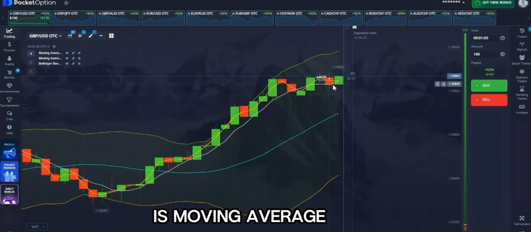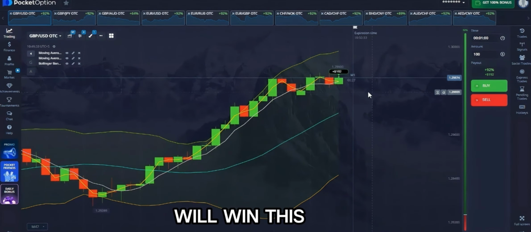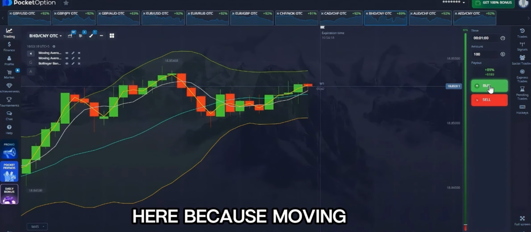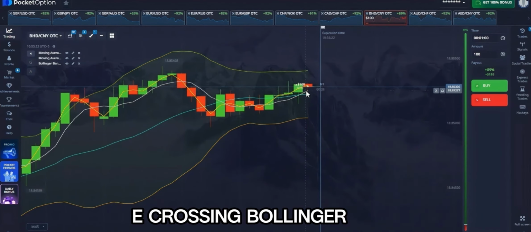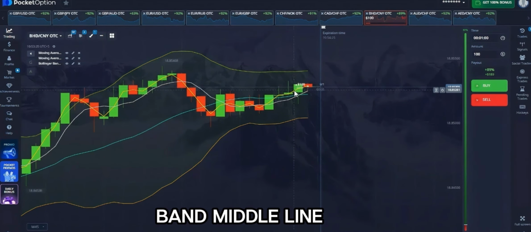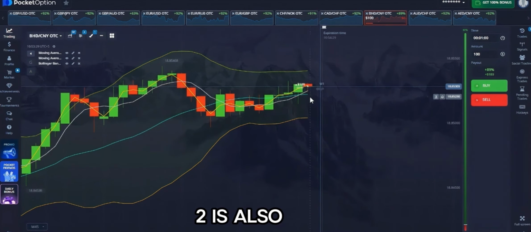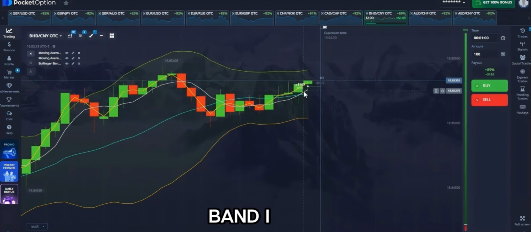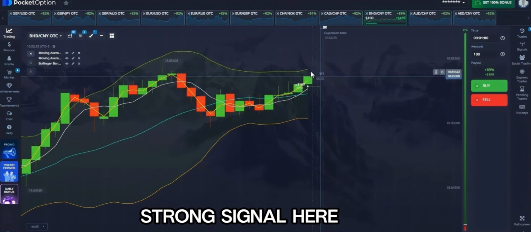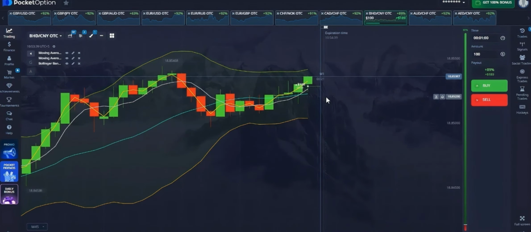I hope that we will win the buy trade here because moving average 5 is crossing the Bollinger Band middle line and moving average 2 is also above the Bollinger Band. This is a strong signal here. I'm sure we'll win the trade.